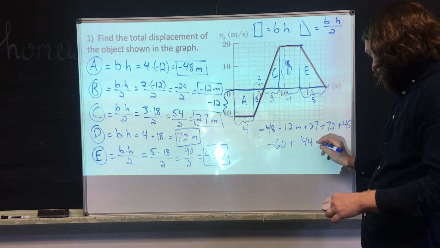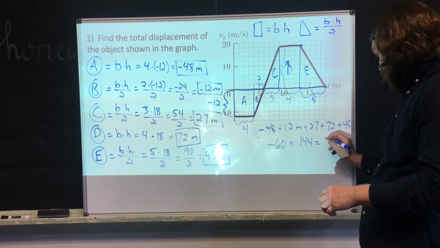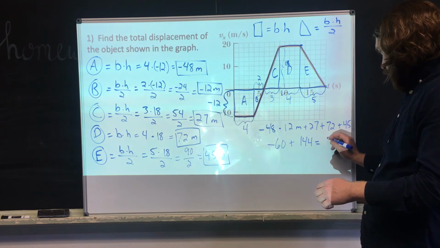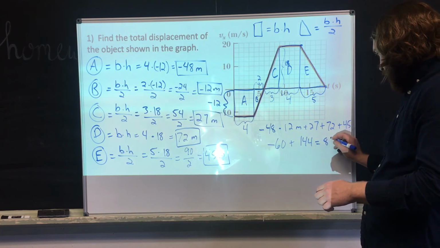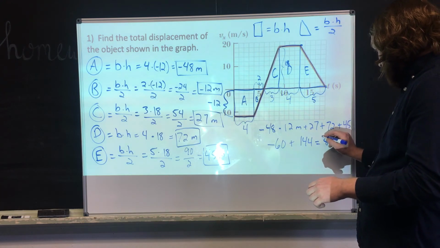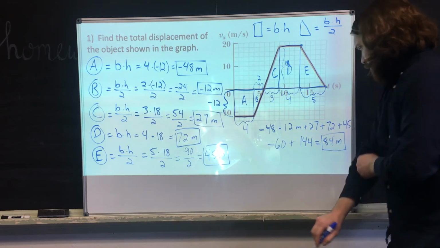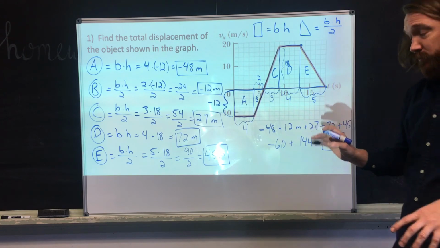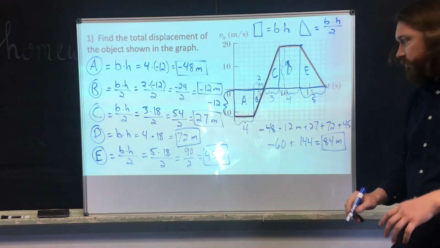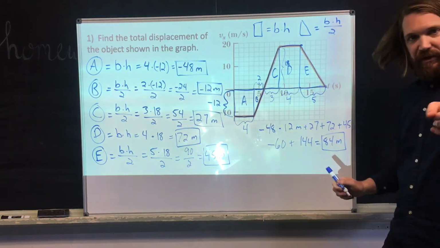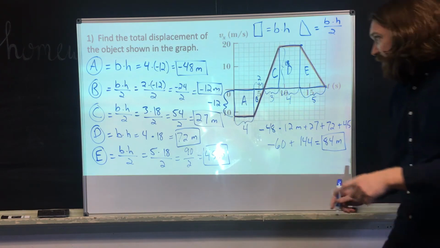And 144 minus 60 should give me 84 meters? Yes, that sounds right to me. That's mental math. If I screwed that up, let me know in the comments if that looks right.